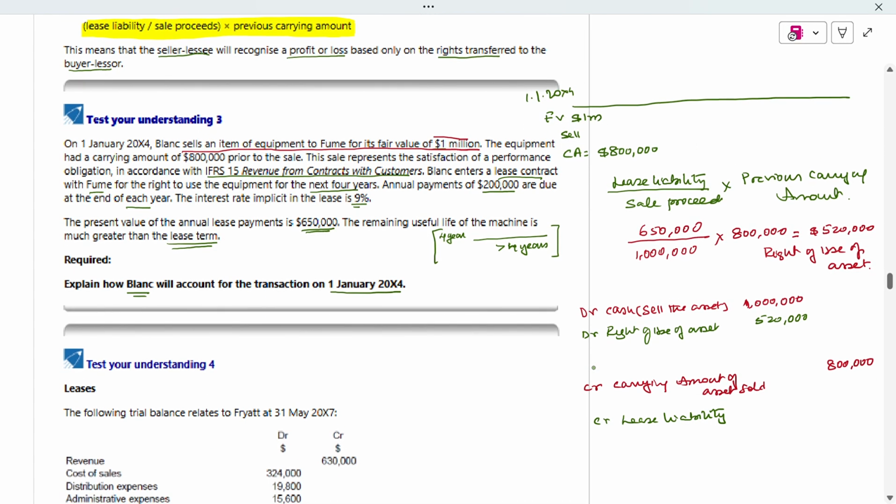Lease liability is how much? The present value, 650. Are you clear about this? Yes. Next.